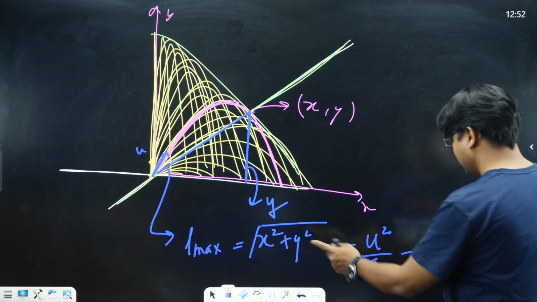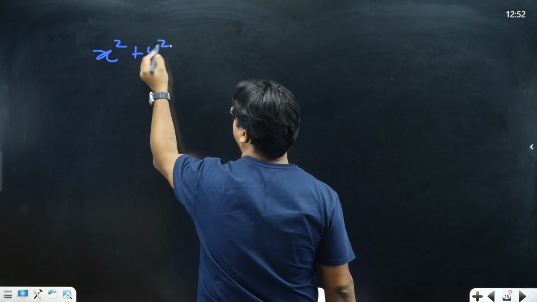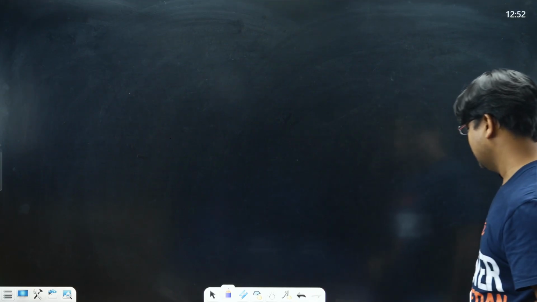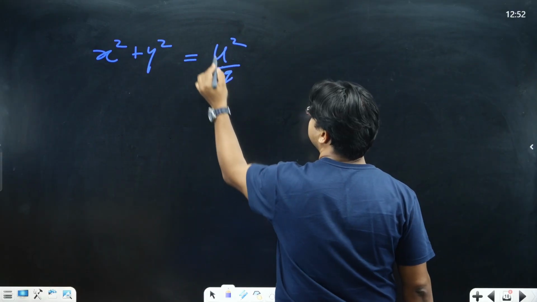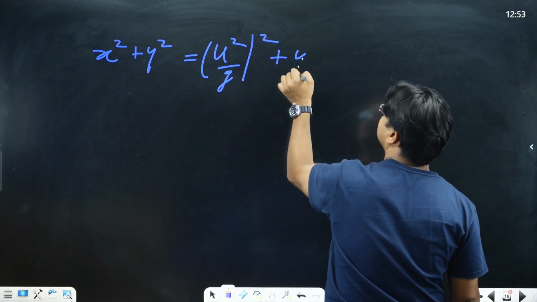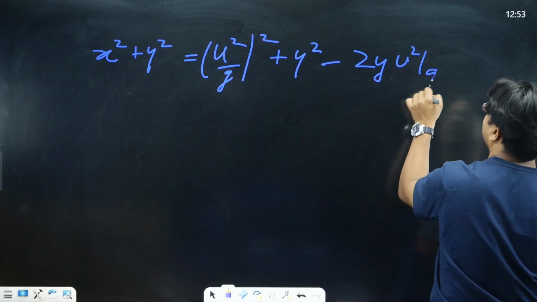Let's do the math now. Let's square both the sides. So we'll get x square plus y square equals u square by g, whole square, plus y square, minus 2y into u square by g.